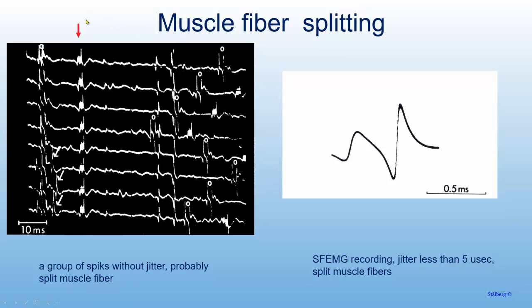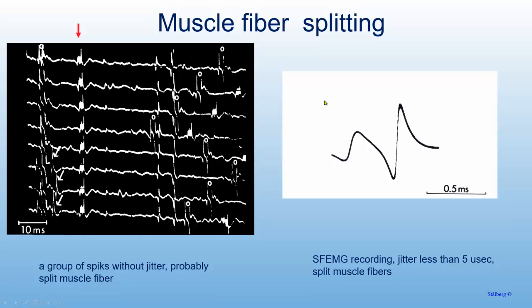And here is the same recording as we saw previously. A small group of signals here, maybe 3 spikes, and they don't show a jitter at all. That means that they have the same motor template. That means that it must come from 3 branches of a split muscle fiber.